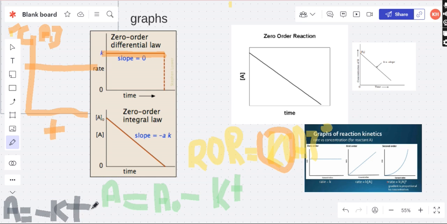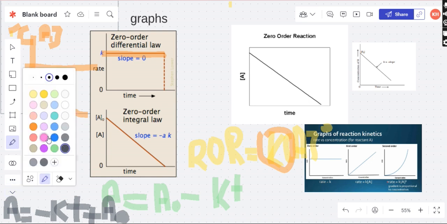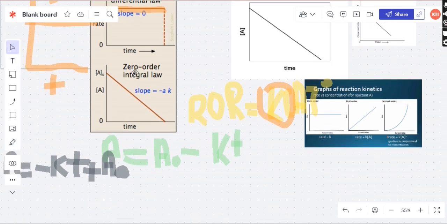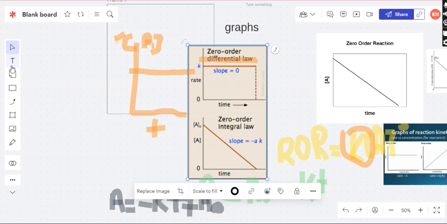A equals minus Kt plus A naught. This is something like this. Let's move a little down.